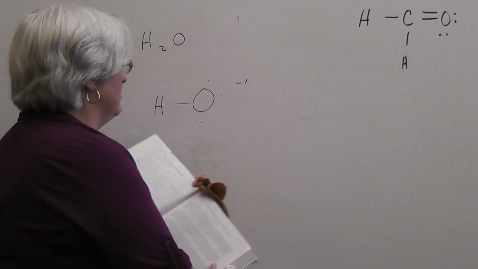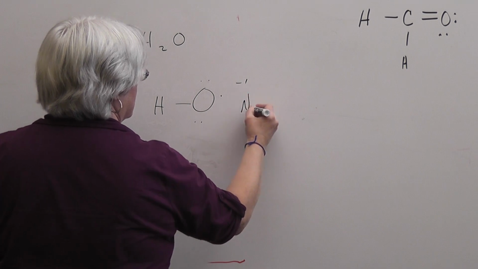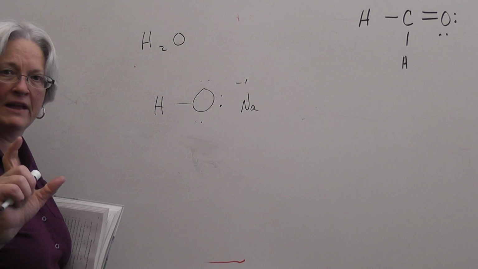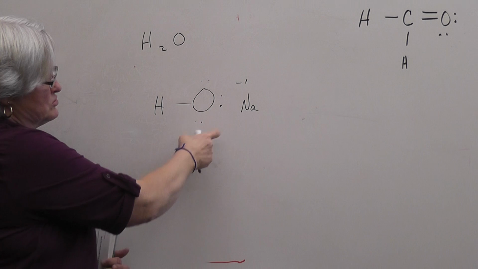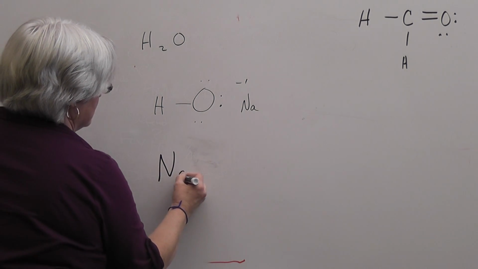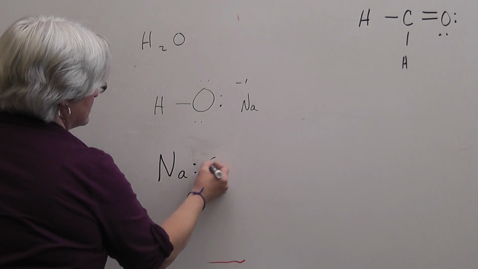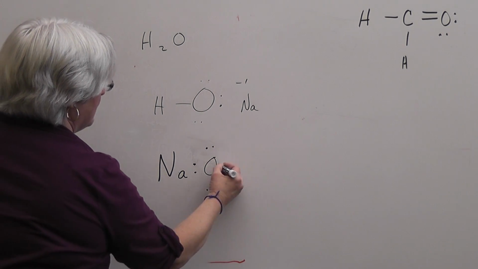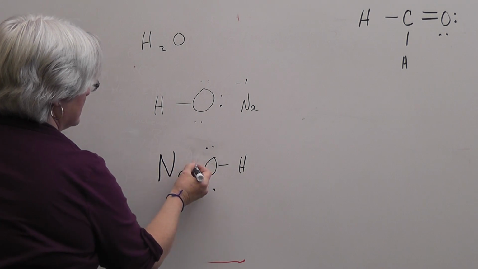So when sodium comes along, it's very happy to give its electron right there. I have my Lewis structure written in the reverse of what it would be, but I would have sodium, which has given an electron to the oxygen, so we now have a very happy situation here.